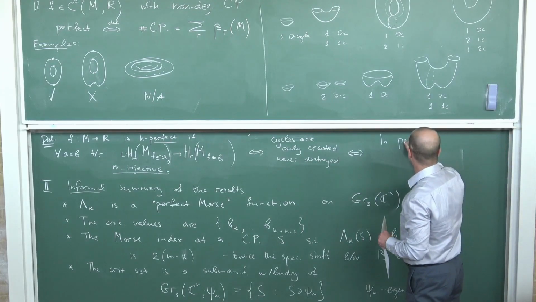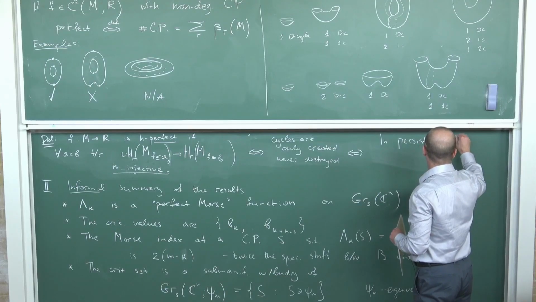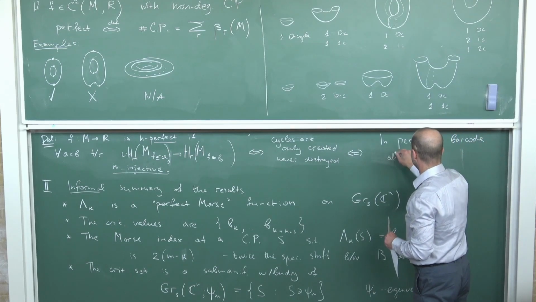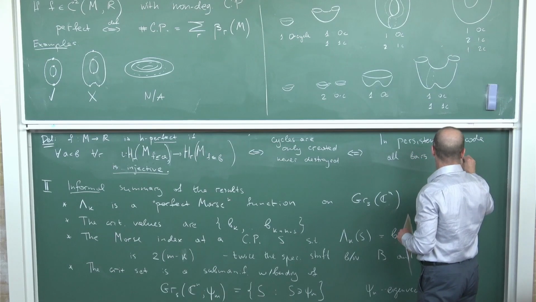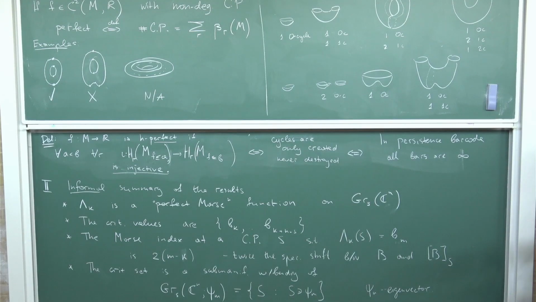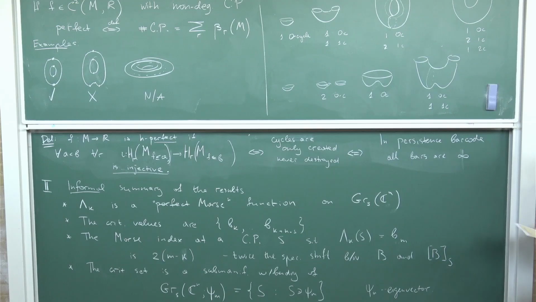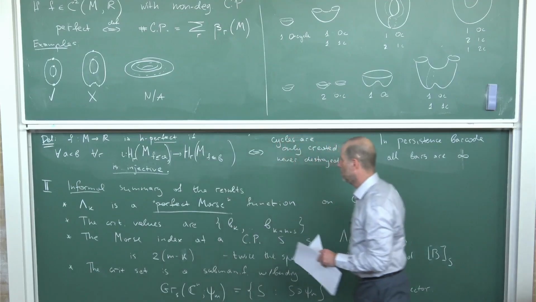So in a persistence barcode, all bars are infinite. They're semi-infinite. They start somewhere and never get chopped off. So this is a nice convenient visual. So this is what I mean by perfect Morse here.